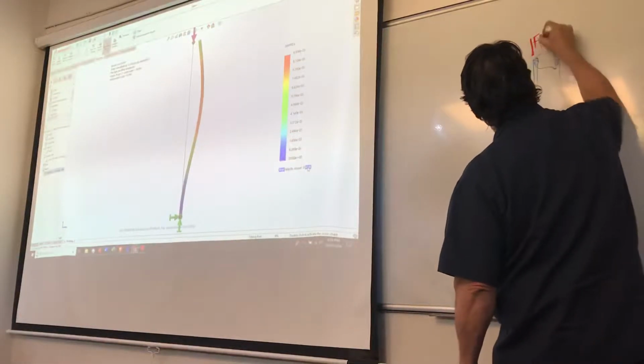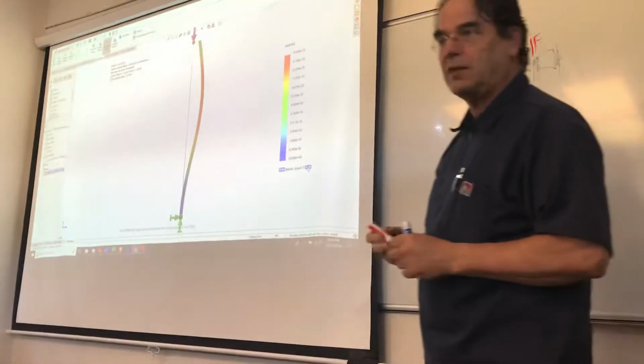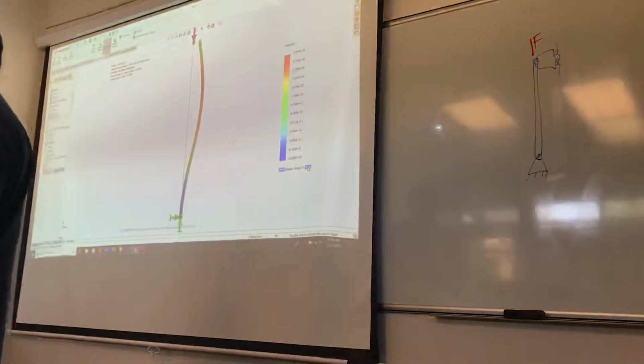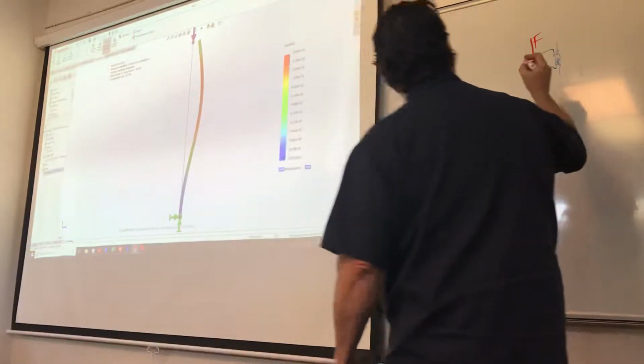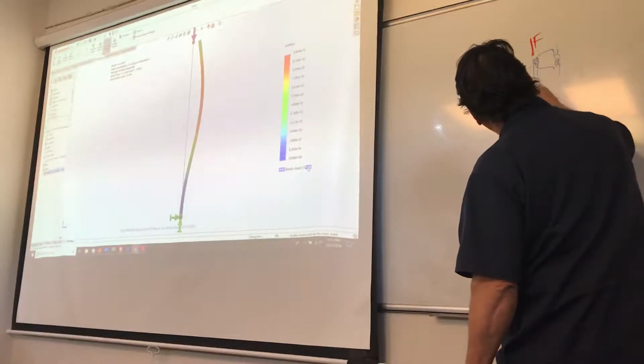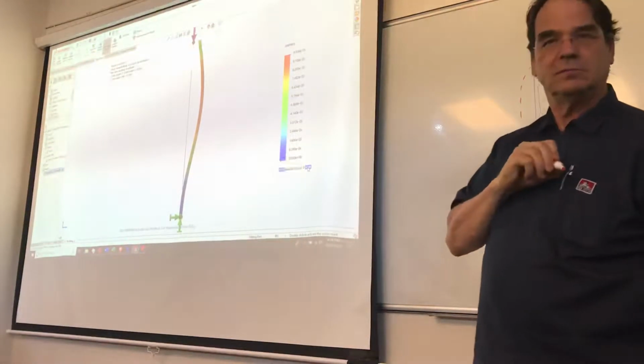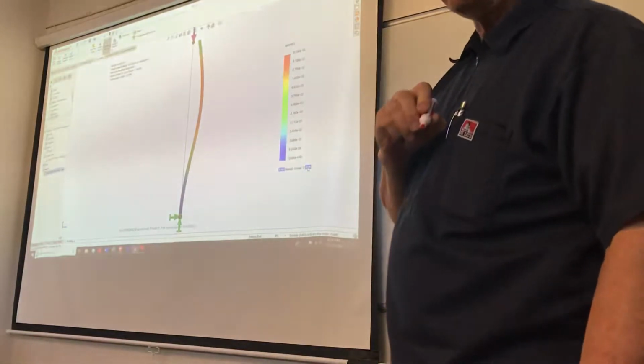So F, where it's pinned. That's the Euler buckling typically, and what you get is a mode that does this. That's the mode you get.